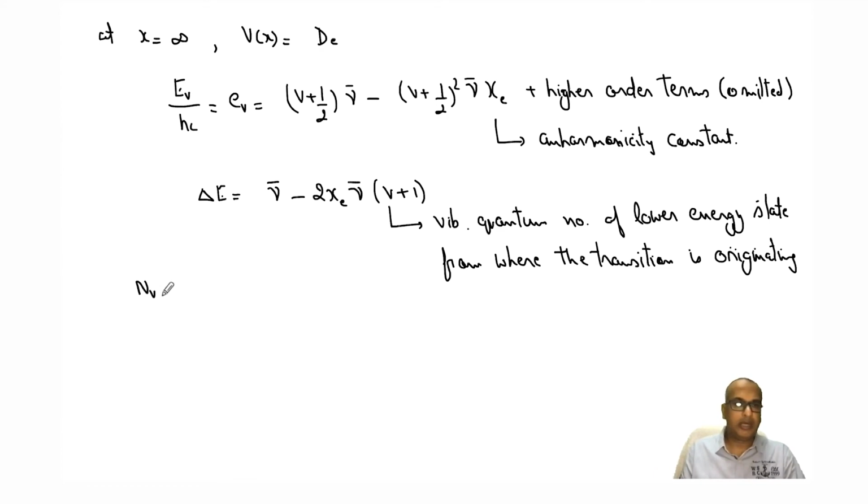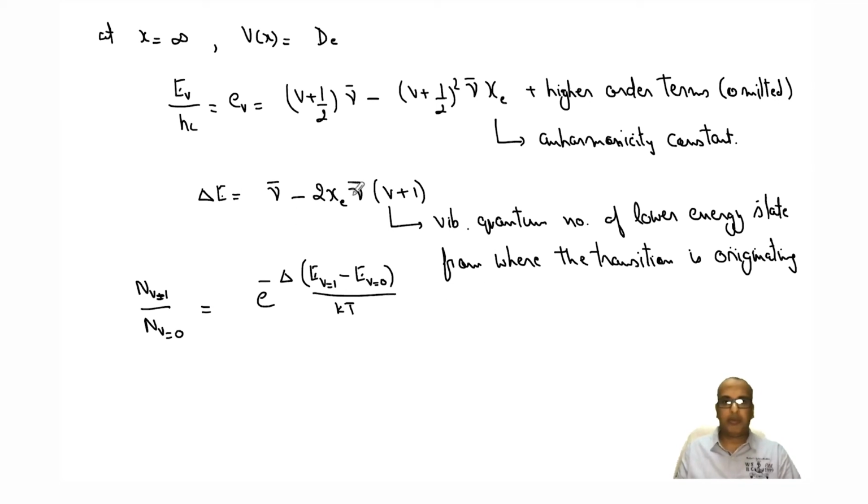So you can calculate v equal to 1 and v equal to 0. This can be given by e to the power of minus delta E, E(v equal to 1) minus E(v equal to 0), divided by kT, right?